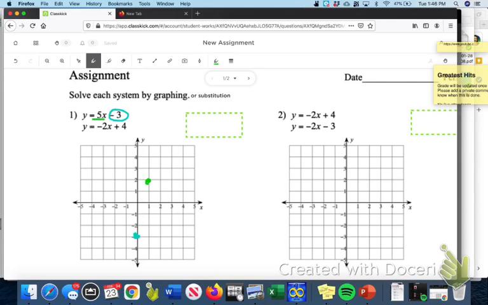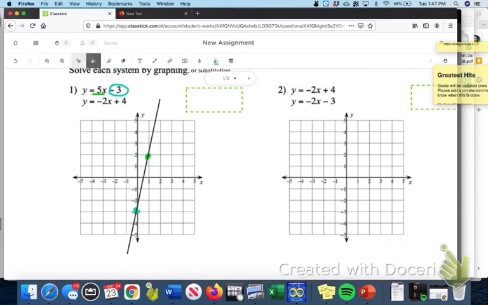I do not have enough room on this graph to make a third coordinate, so we're just going to add the line. Make sure it's nice and straight and goes all the way across the graph so that we don't miss out on an intersection point, should we have one. Remember to add arrows, or it's not technically mathematically correct.